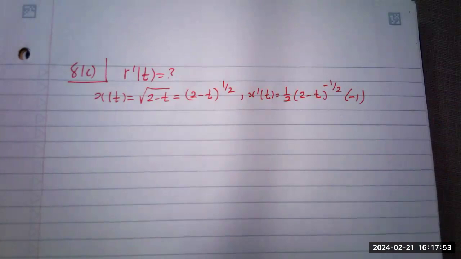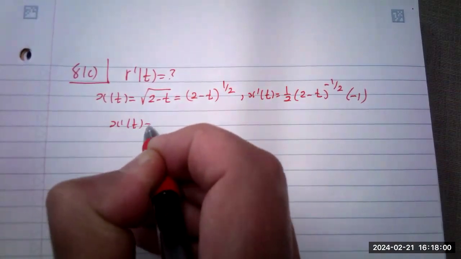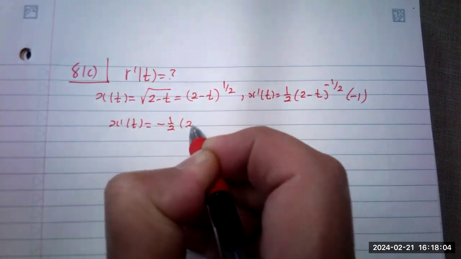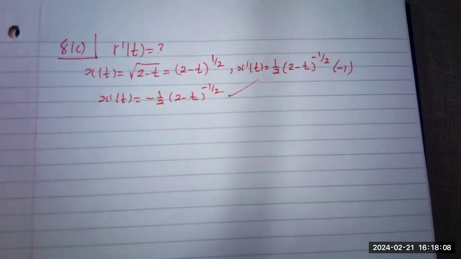Just apply the chain rule. So it's going to be negative 1/2 times (2 minus t) to the negative 1/2. This is the first component.